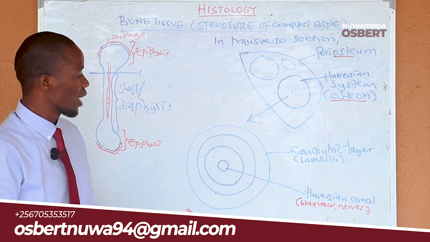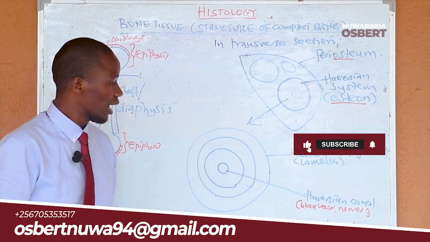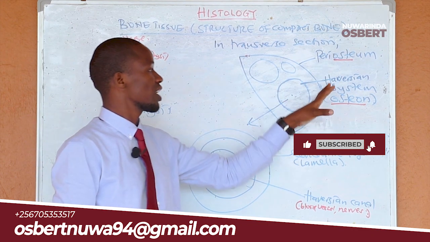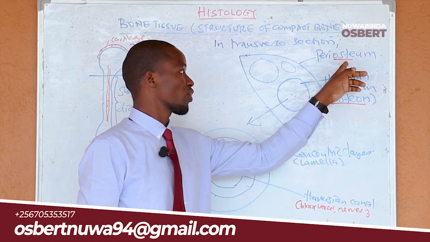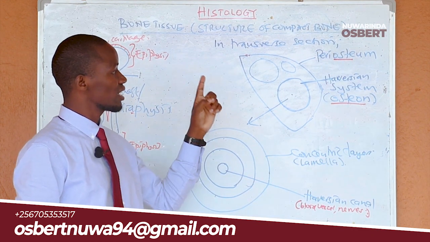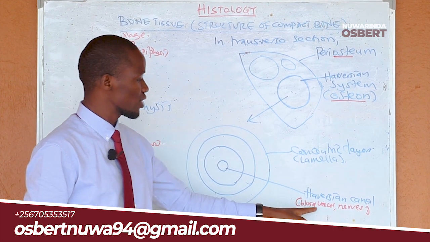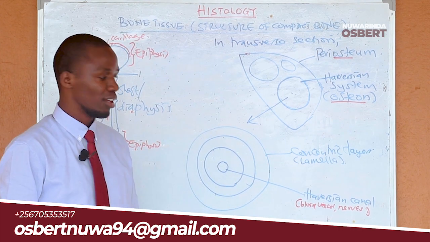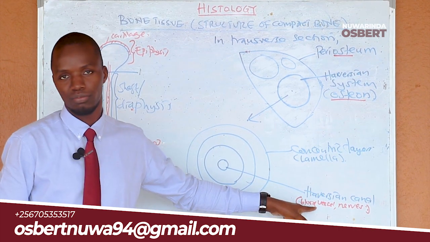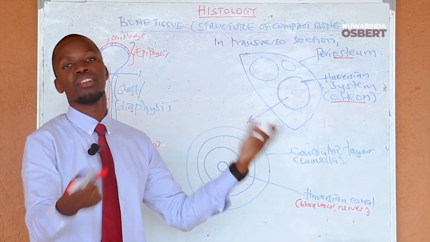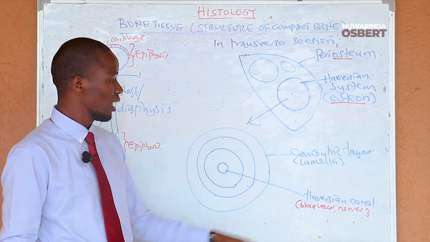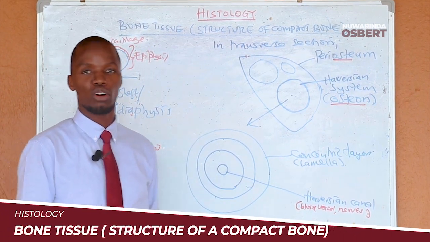We call them lamellae. So we are saying a compact bone contains very many Haversian systems surrounded by a structure known as periosteum. Now, each Haversian system is composed of a Haversian canal within which blood vessels and nerves move. These blood vessels supply the bone cells with different materials, oxygen, and so on. The nerves are for coordination.